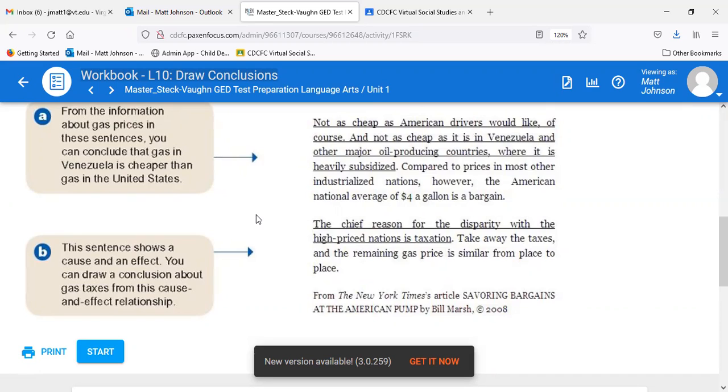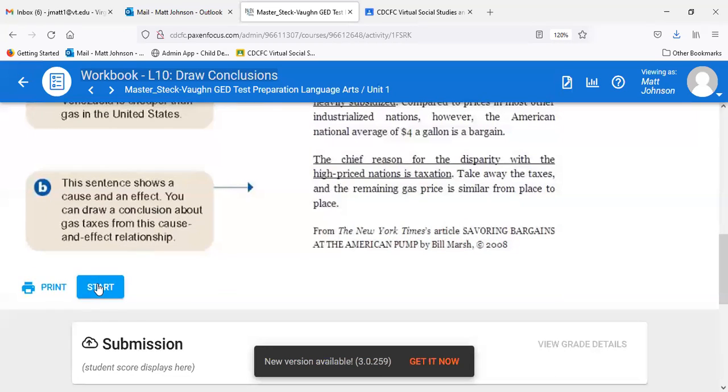You can draw a conclusion about gas taxes from this cause and effect relationship, right? Chief reason for the disparity, high price nations, is taxation. The reason, the cause, is high taxes. The effect is high prices. Lots of tax, high prices.